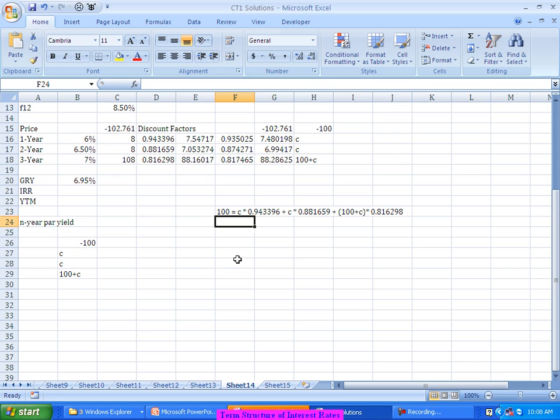So even from this arithmetic, it is coming out that if at all I have to find out the C, I will simply do it as 100 minus 100 times whatever is the final discount factor. So this, just a simple arithmetic on that, divided by the 3 years discounting factors.